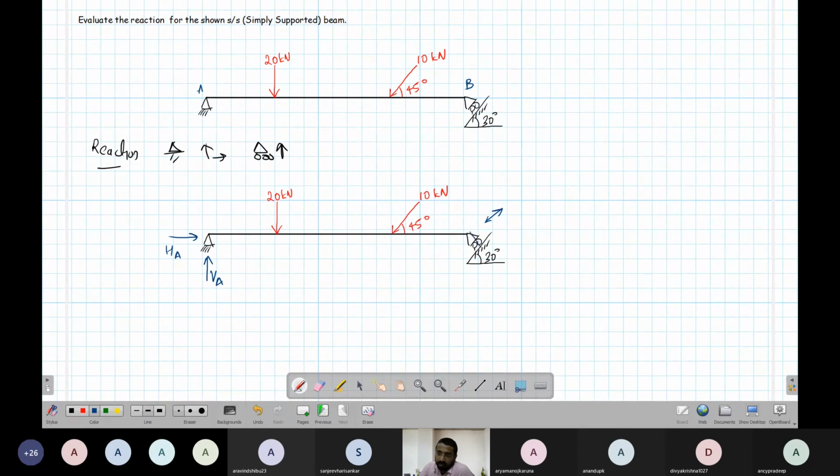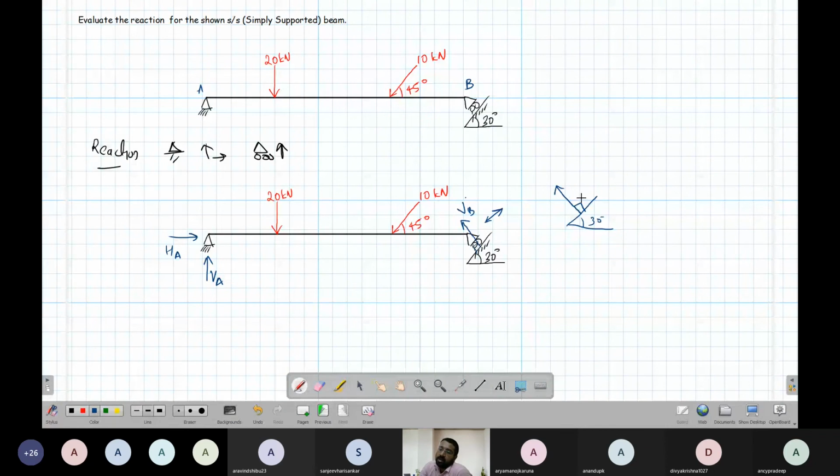So my reaction will be something like this, perpendicular to this plane. So this I'll call as VB. VB is perpendicular to the plane. So this is 30 degree.